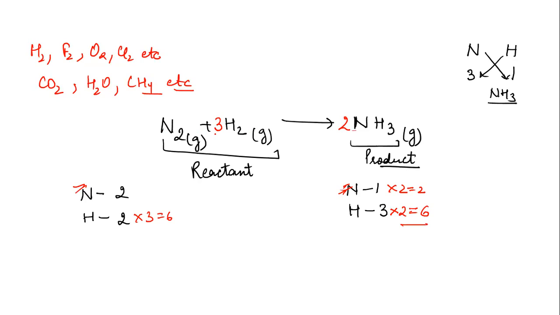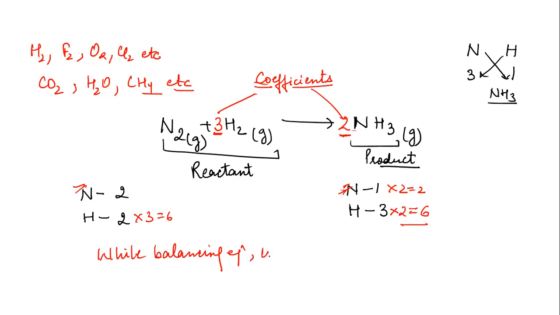Now, this 3 and 2 are known as coefficients, stoichiometric coefficients. Fine? So while balancing an equation, remember that we need to change these coefficients only. We can change only these coefficients.